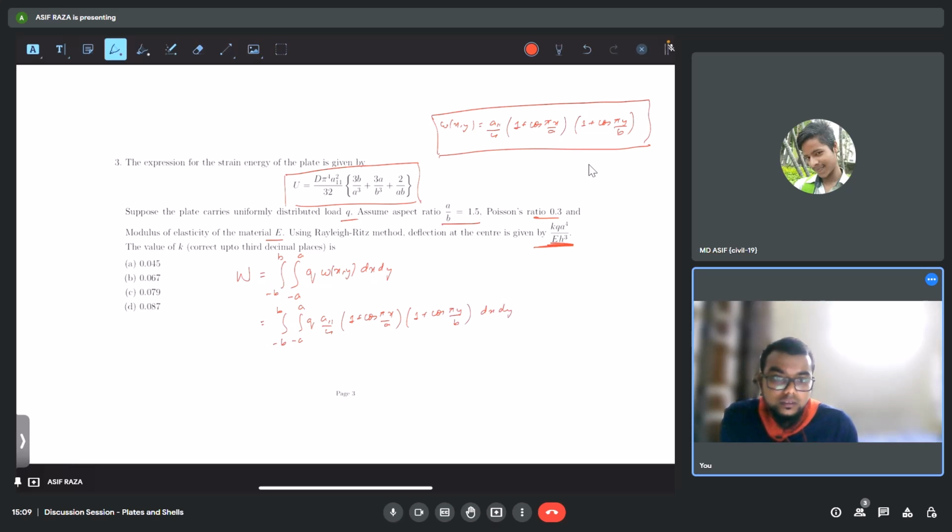So on integrating this, we'll get cos pi x as sin pi x.